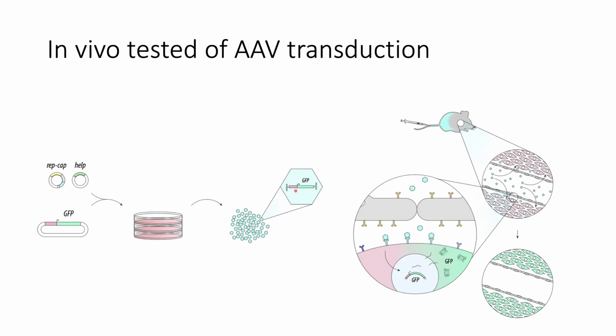We then injected these particles into mice. The idea is that when these particles enter a cell, these cells will be green, and we can then easily identify which cell types are transduced by this new AAV particle.